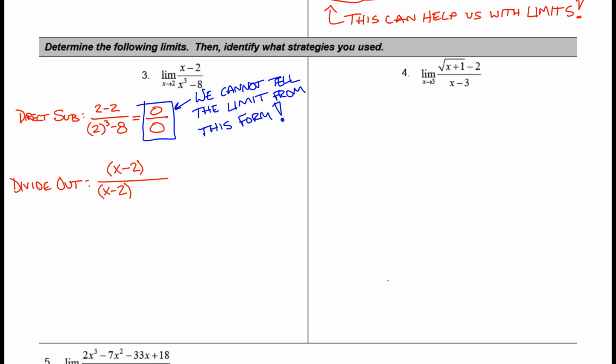Well, x cubed minus 8 is a difference between two cubes. And there's like a shortcut for remembering how to factor a difference between two cubes, and I never remember what that shortcut is. So I'm going to actually step back into pre-calculus land here and show you the long way to do that.